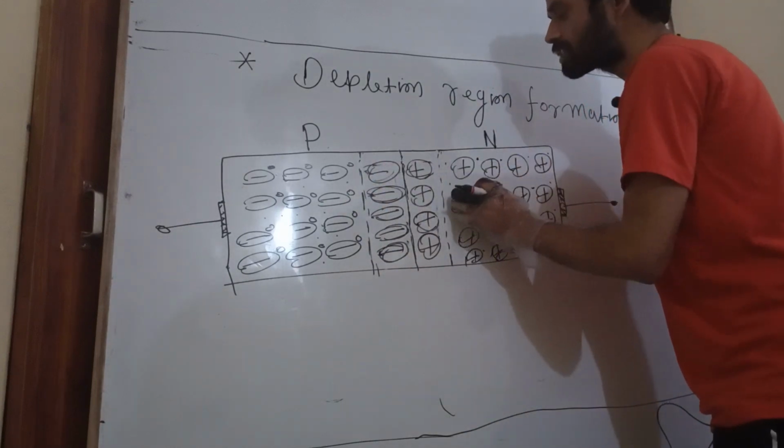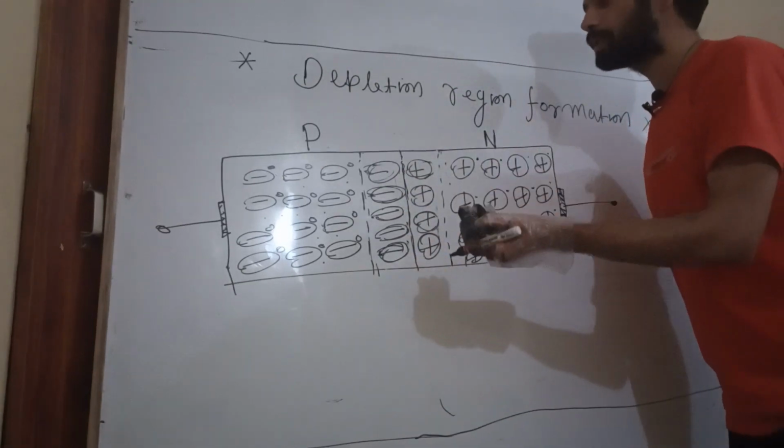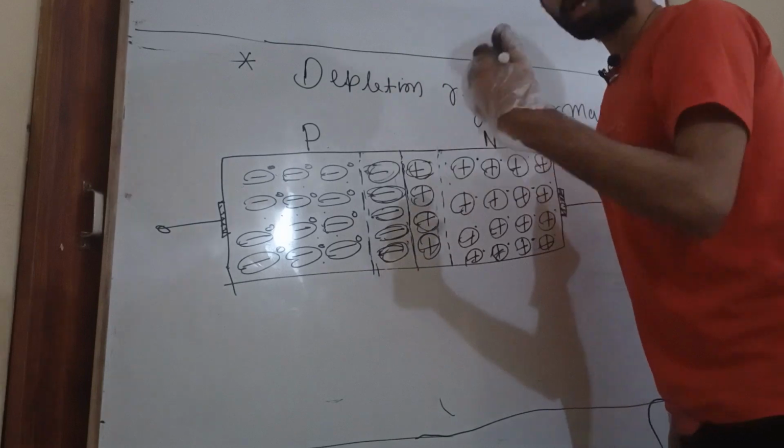And similarly on the n side there is some region which is depleted of electrons. Why is it happening?